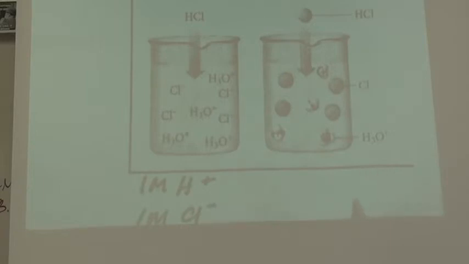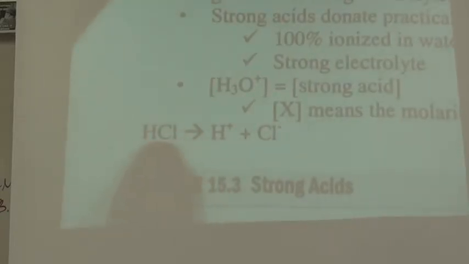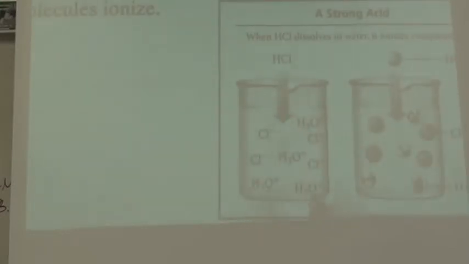This reaction is complete. All of this goes to that. And when you look at it, here it is, ionized completely. There are no HCl molecules in this beaker. It is a strong electrolyte, which means it conducts electricity.